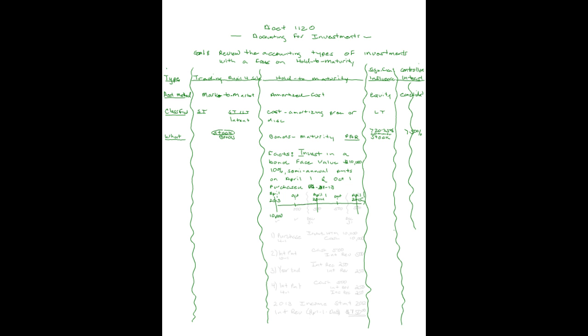Each interest payment will be 10% cut in half to show it's semi-annual, so 5% of $10,000, or $500. So this bond is going to pay interest every 6 months at $500, and we're going to hold it to maturity. So the market value of the bond never counts. We bought it for $10,000, we bought it at par, and it's going to pay us par. We're going to receive interest payments on October 1st and April 1st.